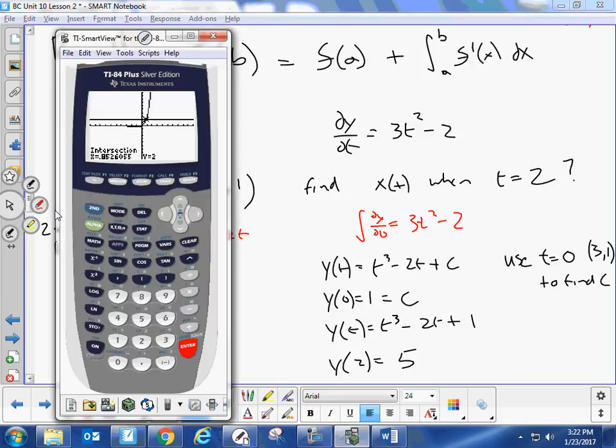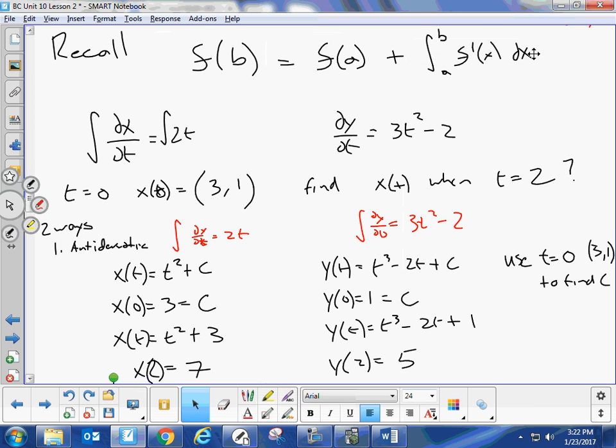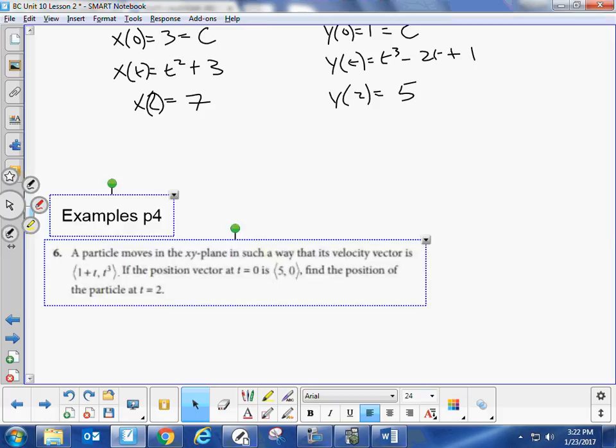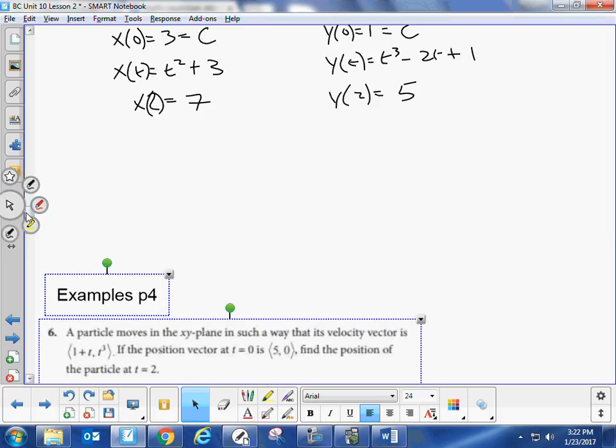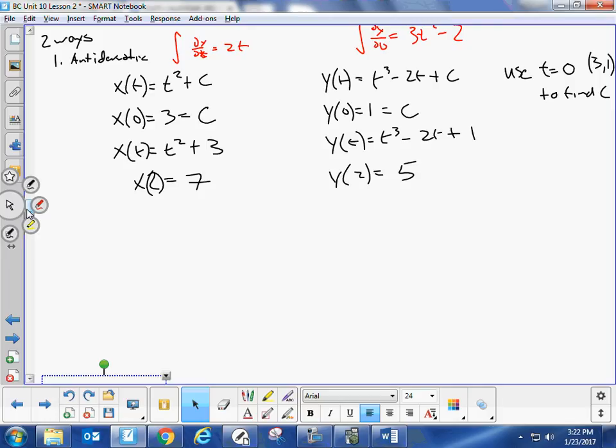So get your calculators out. And of course, you could find these with the fundamental theorem of calculus. However, it's really not as quick as if you just take the antiderivative.